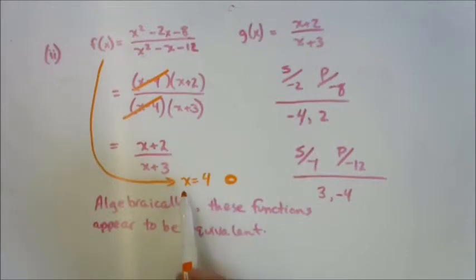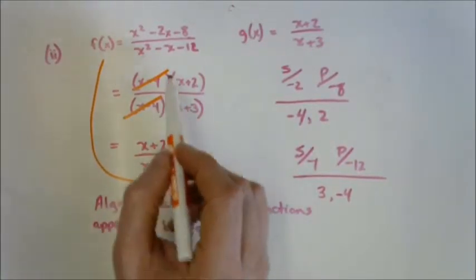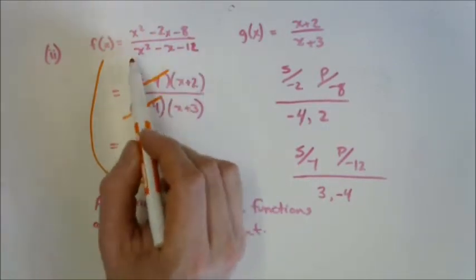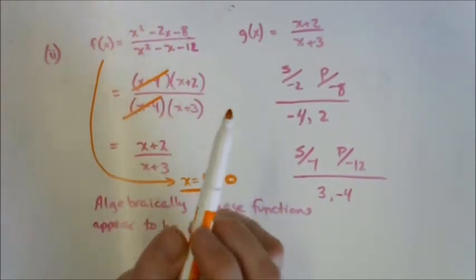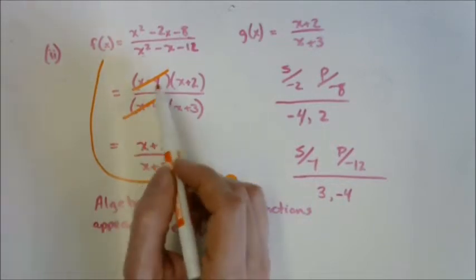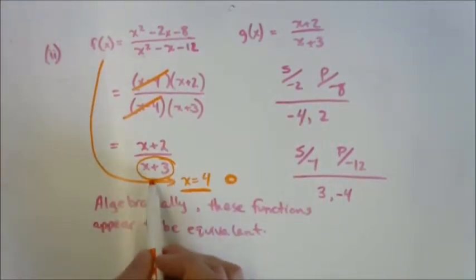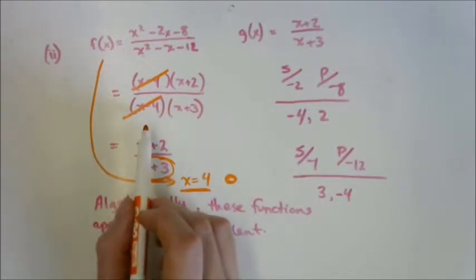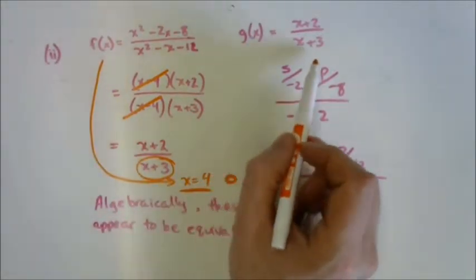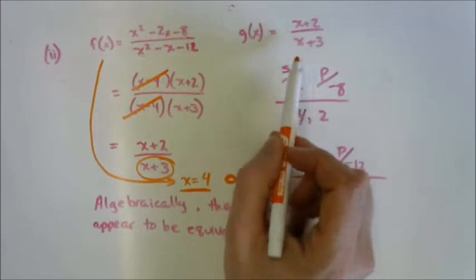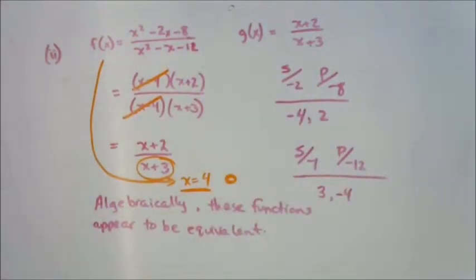It's undefined at x equals 4, because if we were to sub x equals 4 into here, we'd get a denominator of 0, which results in an undefined number. Now, they canceled out, so it's not an asymptote. We still have an asymptote at x equals negative 3, but it is a gap, whereas g of x doesn't have any gaps. It has the same asymptote, but no other restrictions on the domain.